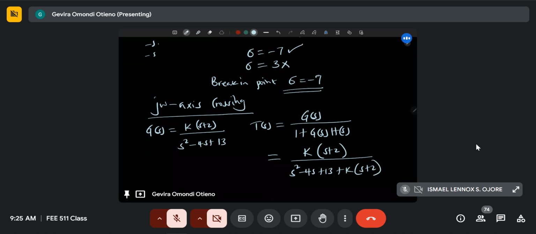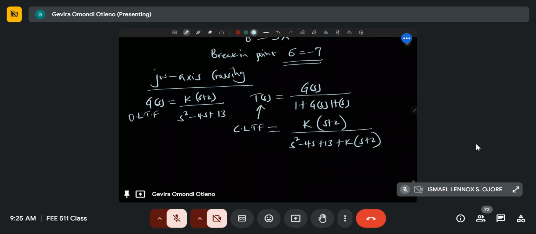So this is the closed loop transfer function, which is just T of S. Remember, this is the open loop transfer function, or what we are calling the feed forward transfer function. Those you did in 4th year. So notice that I need the characteristic equation. So let me make this equation look neat.